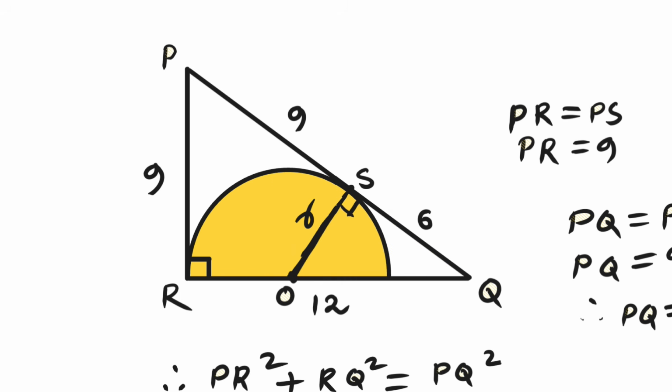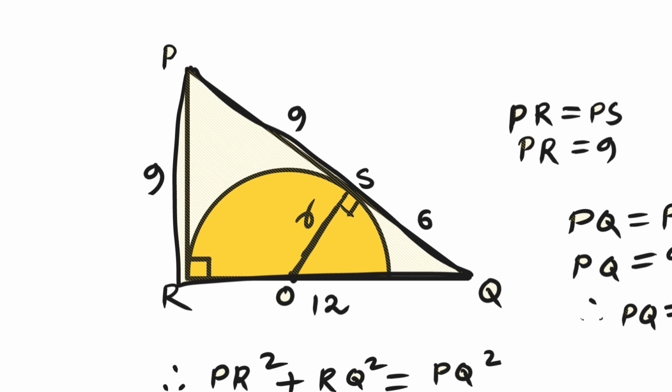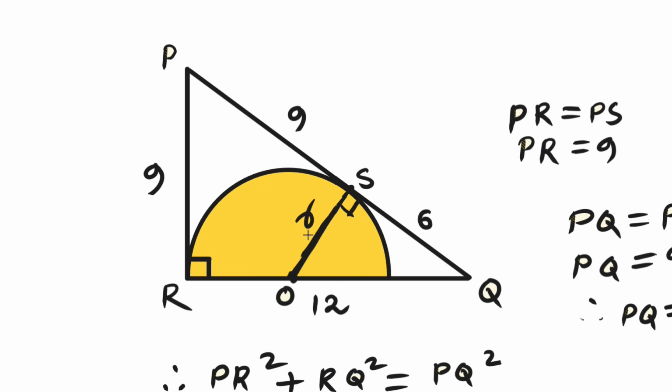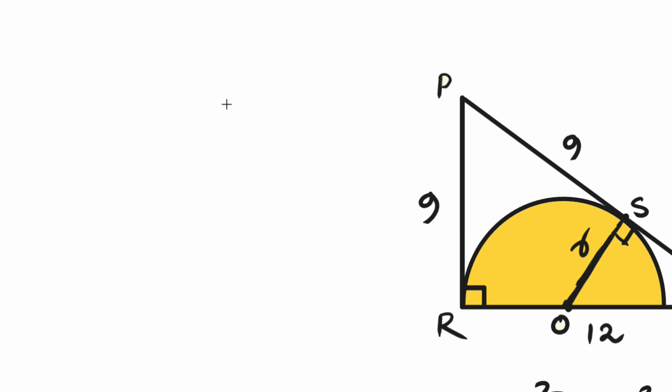Now look at the small triangle OSQ and compare it with the large triangle PRQ. The large triangle has a right angle at R, while the small triangle has a right angle at S. Also, both triangles contain the same angle at Q, because O lies along the base, RQ, and S lies on the hypotenuse, PQ. So we have two equal angles, which means the two triangles are similar by angle-angle similarity.